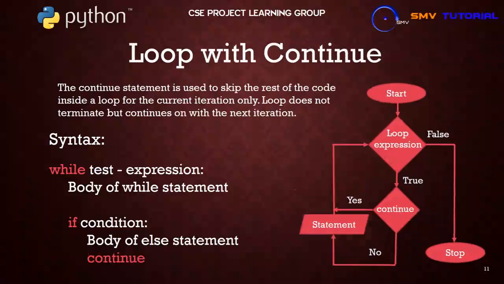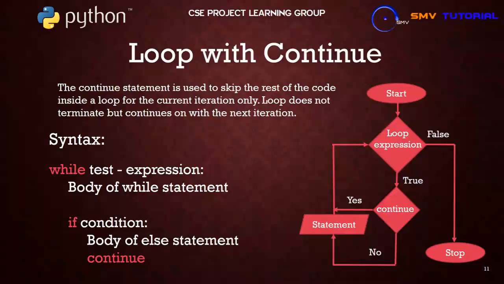Next one is loop with continue statement. The continue statement is used to skip the rest of the code inside a loop for the current iteration only. The loop does not terminate but continues on with the next iteration. It is called the loop with continue statement. See this syntax.